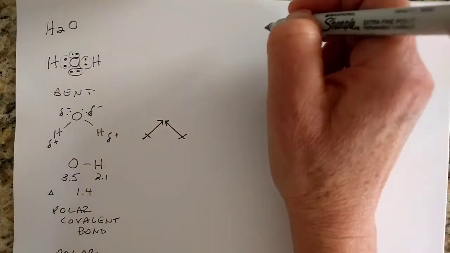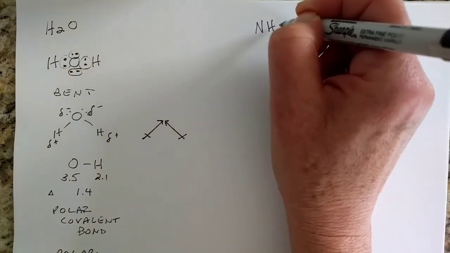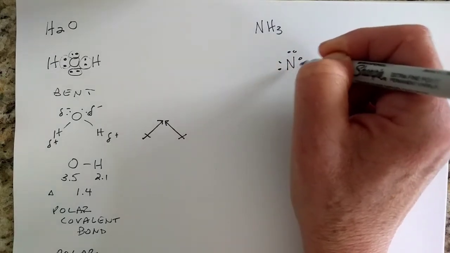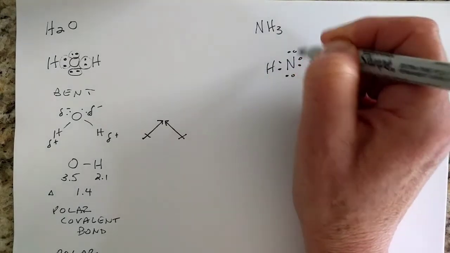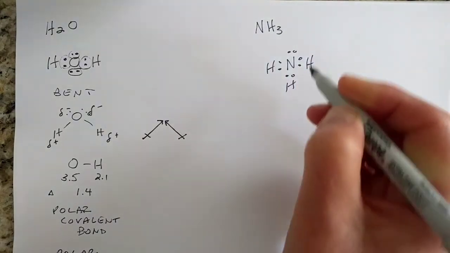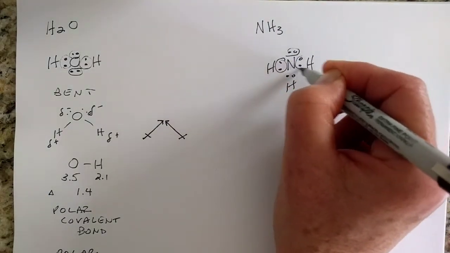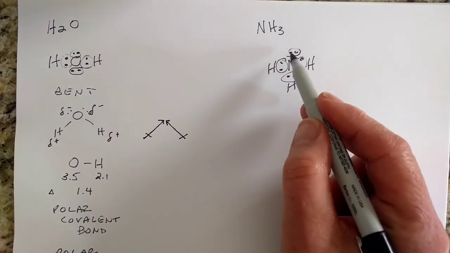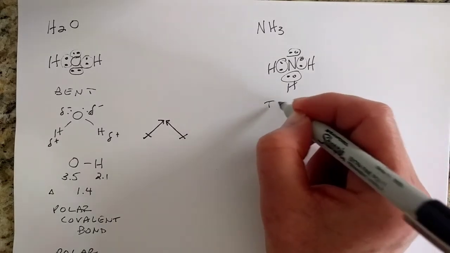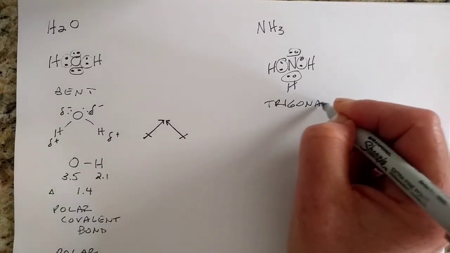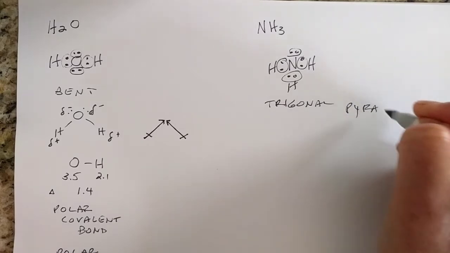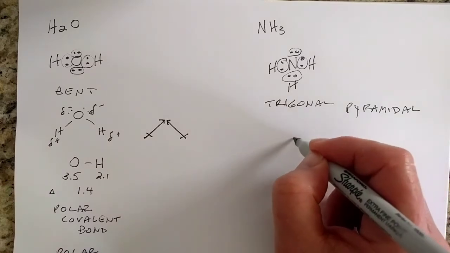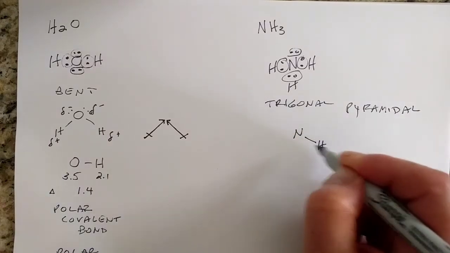And let's look at one last molecule, NH3, which is ammonia. If we do our Lewis structure, again, we have 4 electron sets, giving us a tetrahedral electron set geometry. And because we have one lone pair, our molecule geometry is trigonal pyramidal. So drawing that kind of like we see it, we have a nitrogen and then we've got our hydrogens below it.